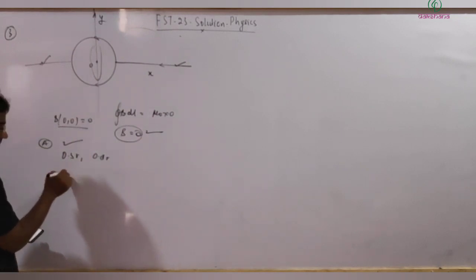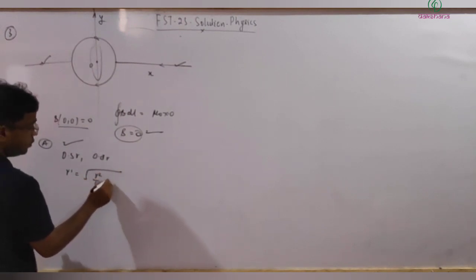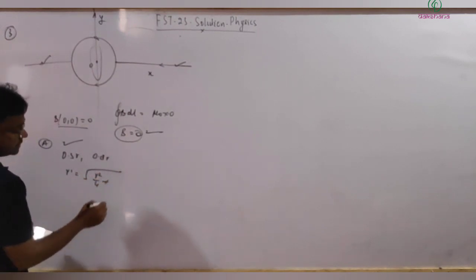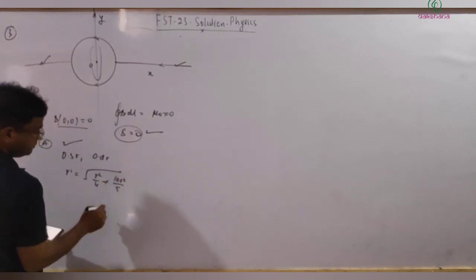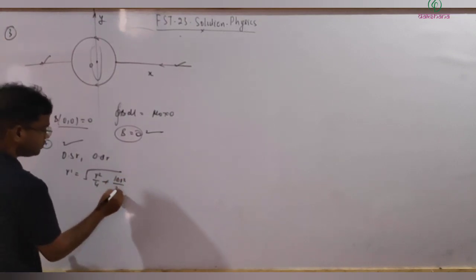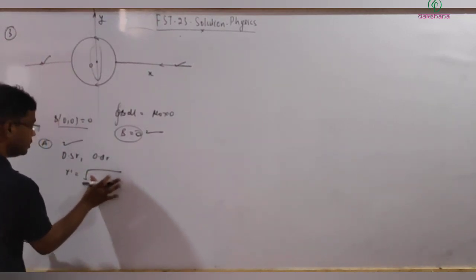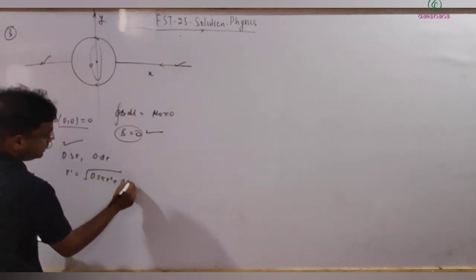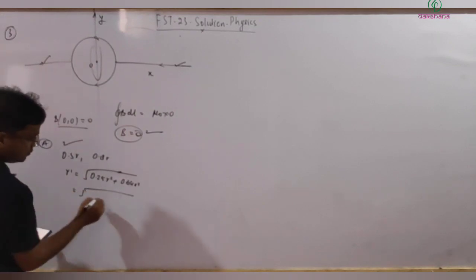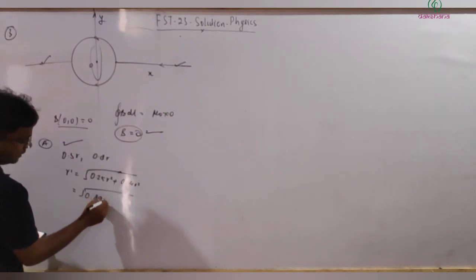I can write r prime equal to the square root of r square by 4 plus 16 r square by 25, or simply 0.25 r square plus 0.64 r square, and this comes out to be 0.89 r square.